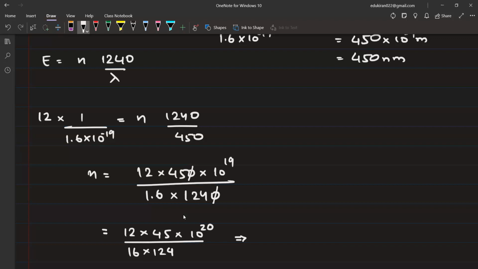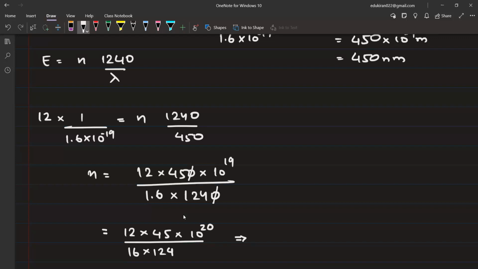So 16 and 45 and 124 are here. Can we do any quick maths here? Is it possible? 45 into 2 is 90 into 6.